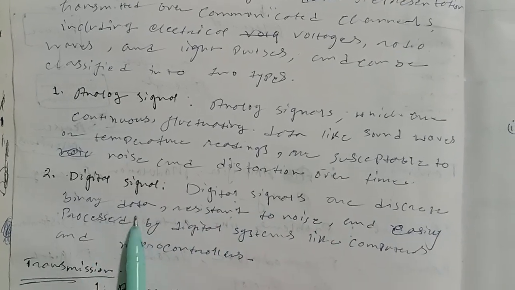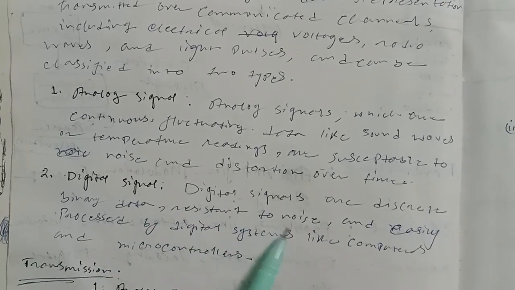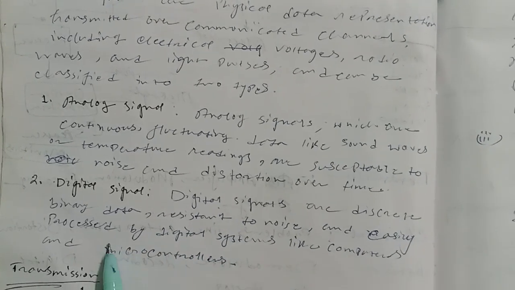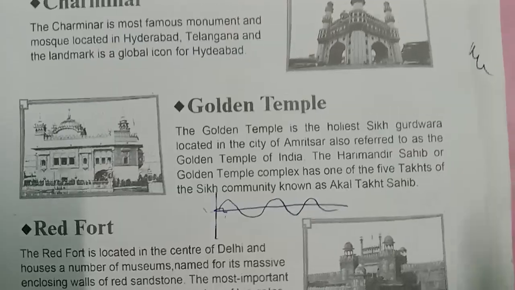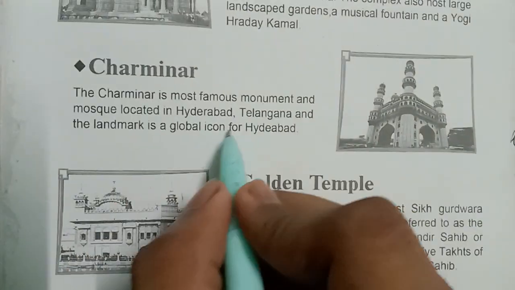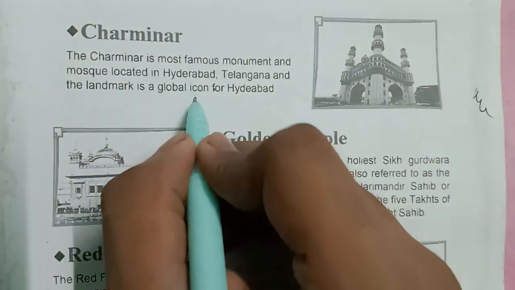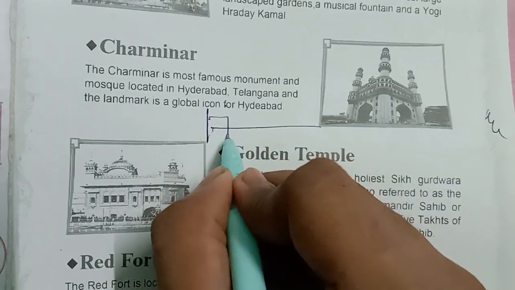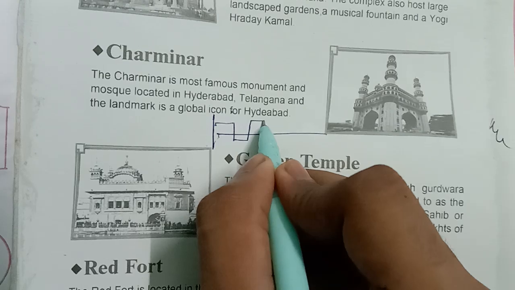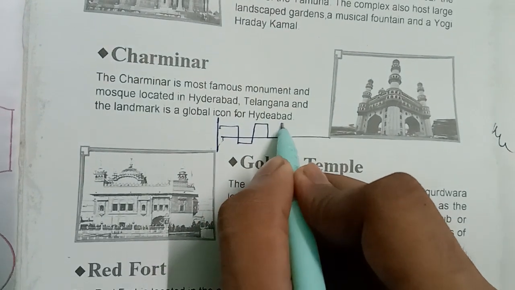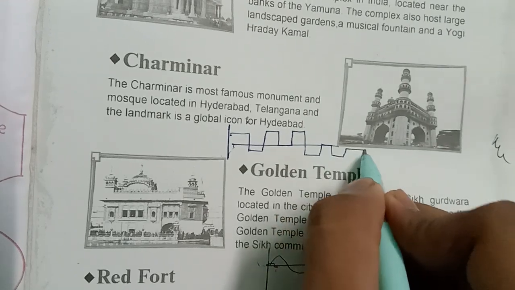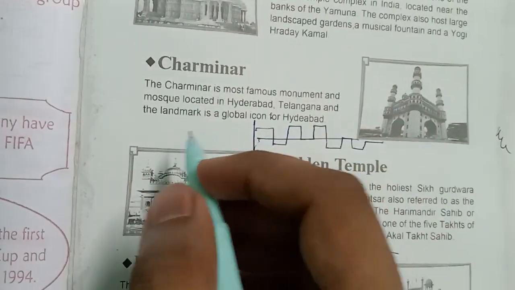Digital signals are discrete binary data, resistant to noise, and easily processed by digital systems like computers and microcontrollers. So if we say this is a digital signal, this is a discrete signal, we can say this is a digital signal.